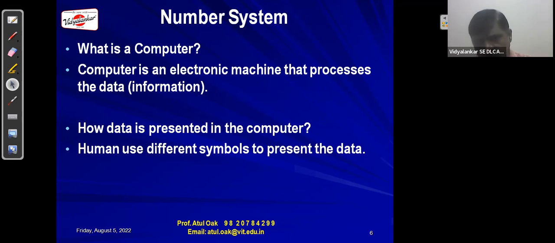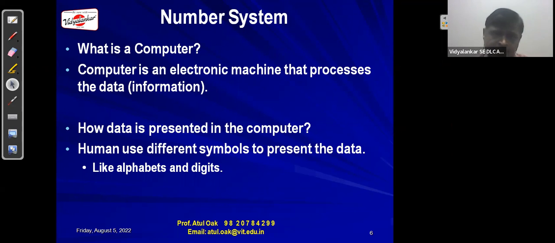If we talk about humans, all of us as a community, then if I want to present data, I use different symbols. What I use are alphabets or digits, or a combination of alphabets and digits, and I will present the data.